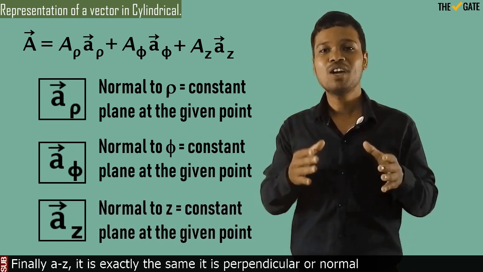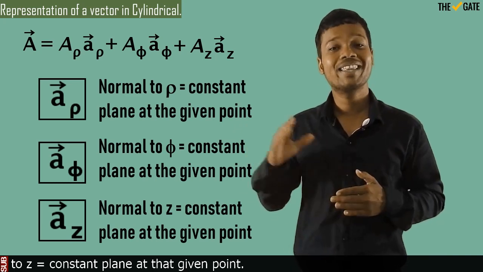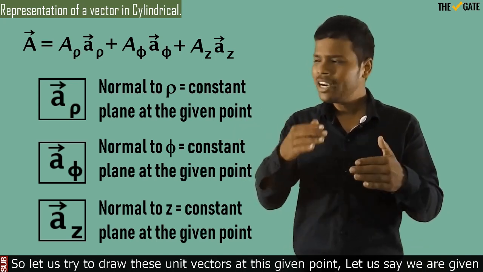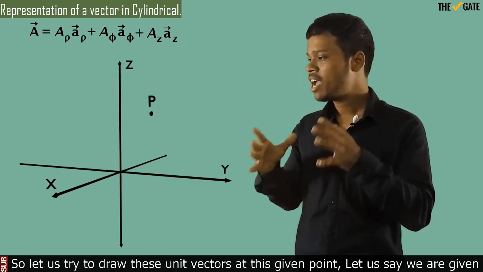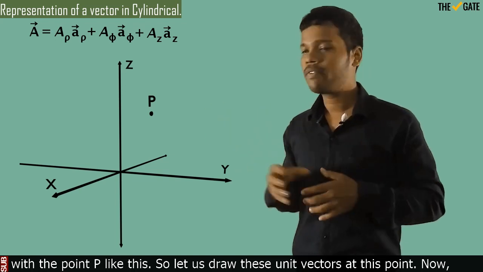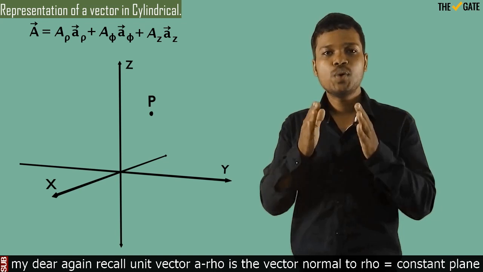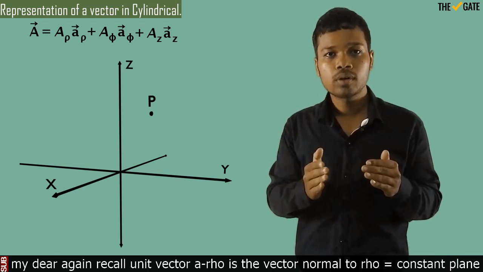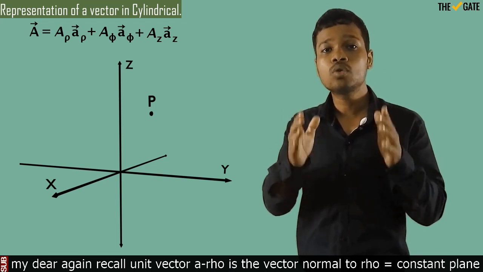It is perpendicular or normal to z equal to constant plane at that given point. So let us try to draw these unit vectors at this given point. Let us say we are given the point P like this. So let us draw these unit vectors at this point. Now again recall, unit vector a rho is the vector normal to rho equal to constant plane.